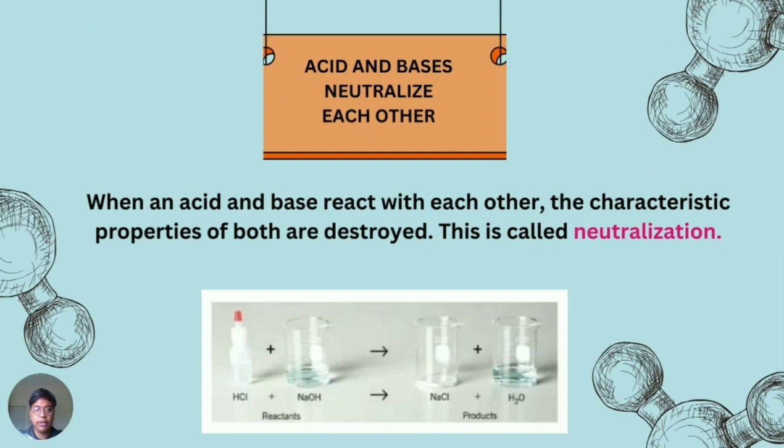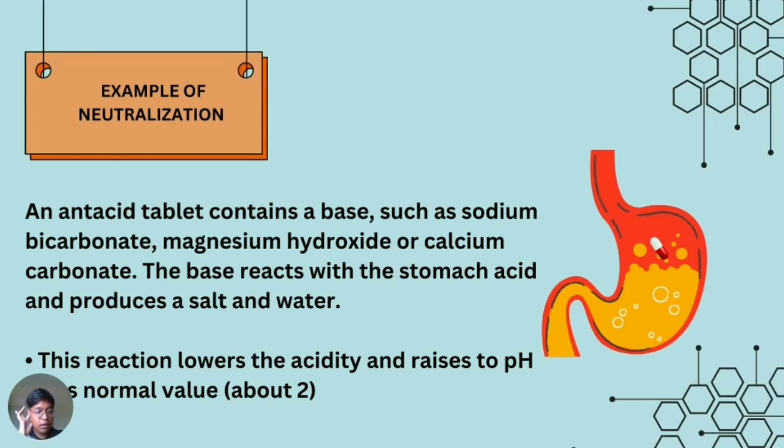When an acid and base react with each other, the characteristic properties of both are destroyed. This is called neutralization. Example of neutralization: an antacid tablet contains a base such as sodium bicarbonate, magnesium hydroxide, or calcium carbonate. The base reacts with the stomach acid and produces a salt and water.